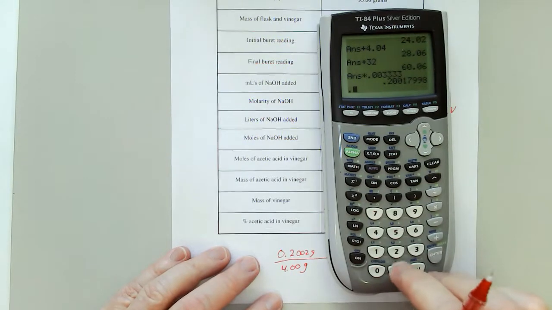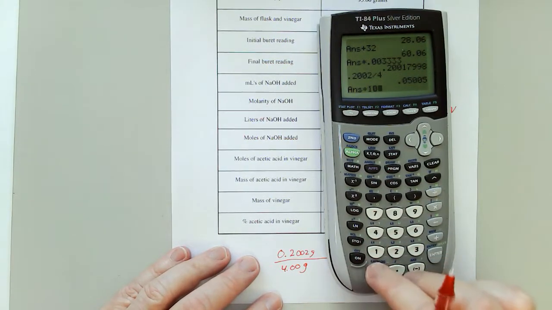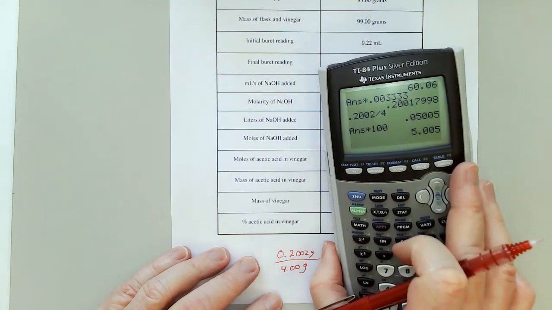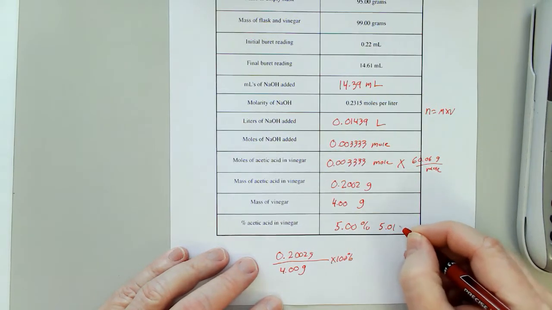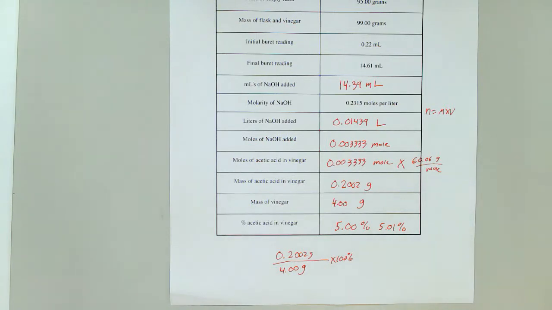Let's check that. 0.2002 divided by 4 times 100, and yeah, 5.0. That's a 5 out there, so we might round it as 5.01%. Okay. There you go. That's the basic arithmetic behind how to do a titration problem. We'll take a look at another one on the next page.